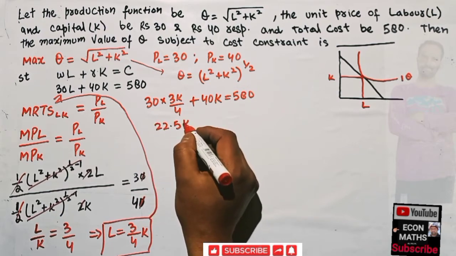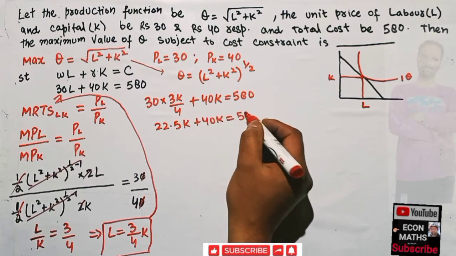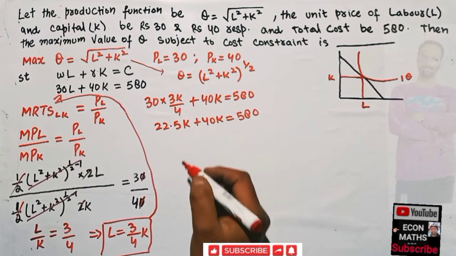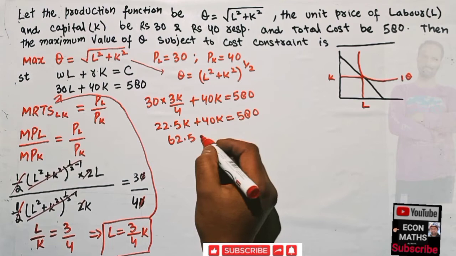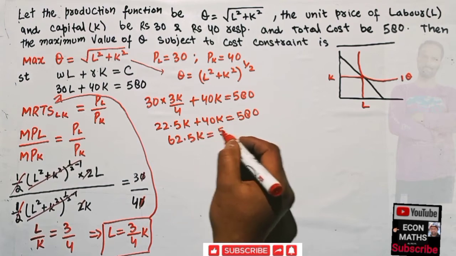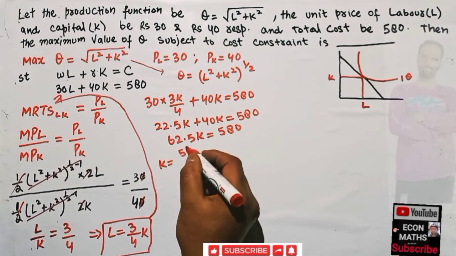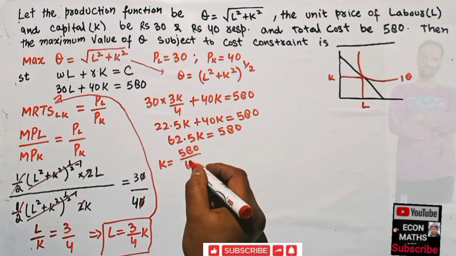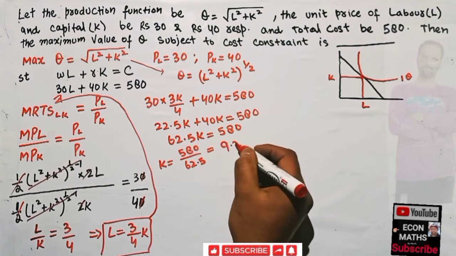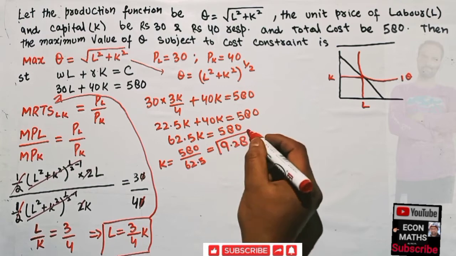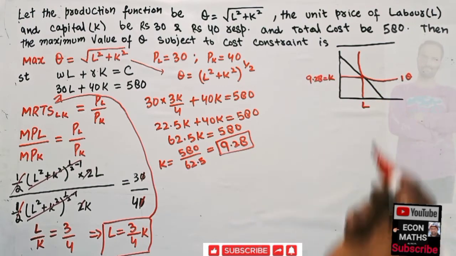So 22.5K plus 40K should be equal to 580. Adding these two, we get 62.5K = 580, which implies K = 580 upon 62.5, and when we divide we get 9.28 as the optimal value of K.